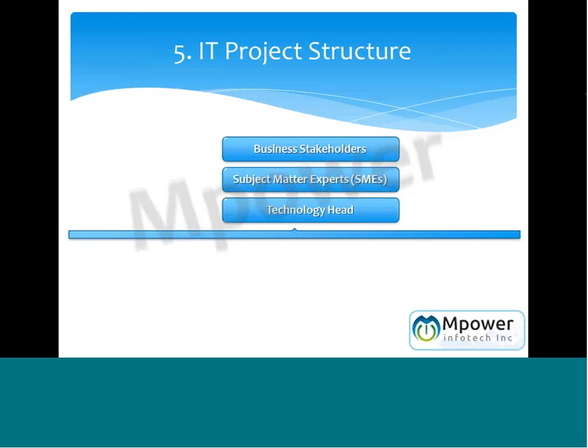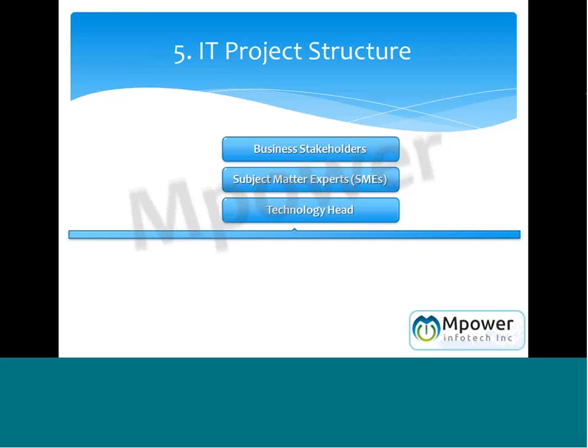Now, in order to cater these services to the client, you need technology, right? And to handle the technical aspect of the business process, we have technology head in place. Every client, every company will have so many technology teams depending on the line of business, but I'm just taking one simple example to make this very clear.